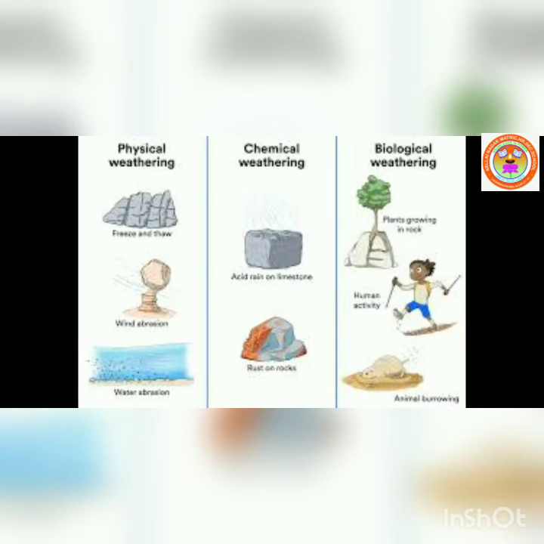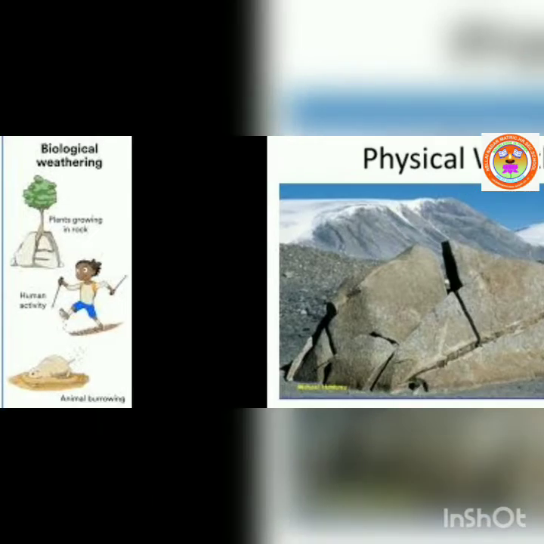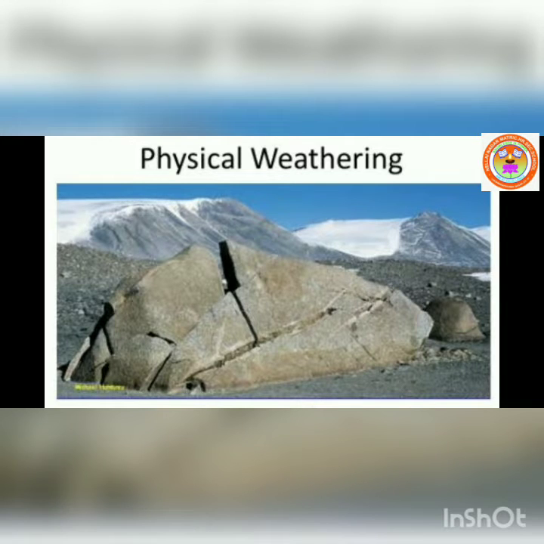Physical weathering is the breakdown of rocks without changing their chemical composition through the action of physical forces. The constant freezing and thawing of rocks during the night and day leads to the expansion and contraction of rocks. Cracks are formed and disintegration occurs eventually.